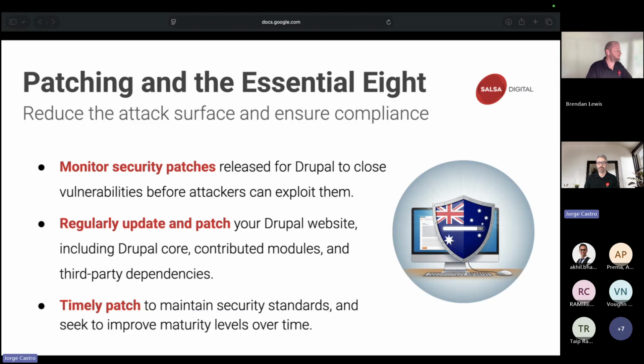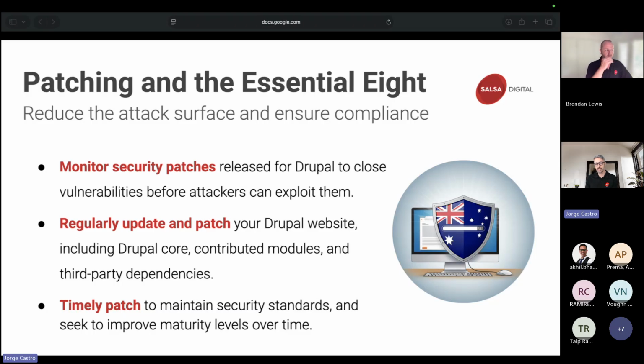So we prevent something from happening, essentially. The second thing is it has to be regular. No point in doing this today and then forgetting for 6 months and then doing it again. It is something that we have to be on top of. So we have to come up with a routine and update our sites, and as I said, not just Drupal core, but the other components as well. And finally, it's about striving for improvement.